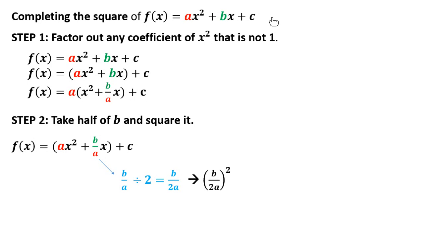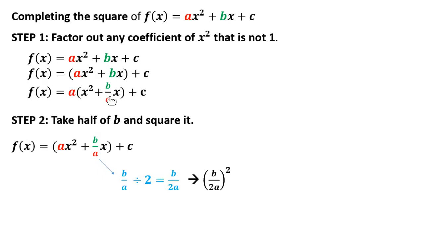The first thing we always want to do, if a is not already 1, is make it 1. We want to factor out an a, but only from the two terms that have an x. We leave the constant term alone. Once we do that, we're going to divide the b term by a, whatever factor we factored out.